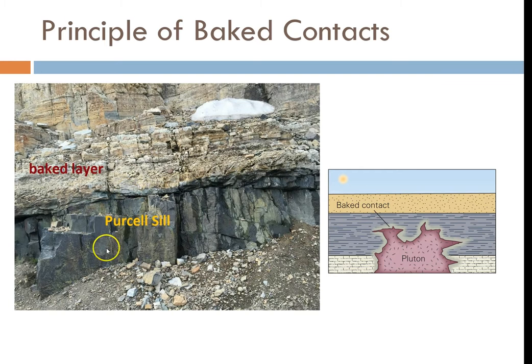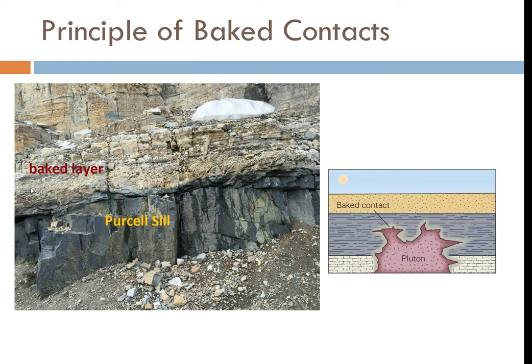So here's a sill. So a sill is actually pretty similar to a dike, except where a dike cuts across layers, a sill actually fills in between them. All right, and we'll look at some examples in class of sills too. But this baked layer, this kind of weird soft stuff right up here, right above it, that's all an area that was actually baked by that sill and heated up.